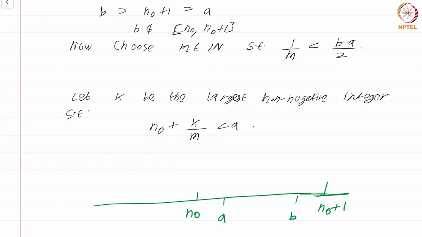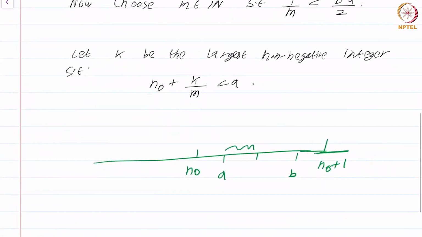Now what we have done is we have chosen (b minus a) by 2, exactly half this length. And then we are choosing a natural number so large that the size of 1 by m is less than half the size of this interval ab.